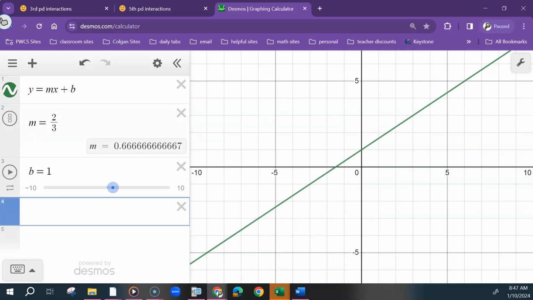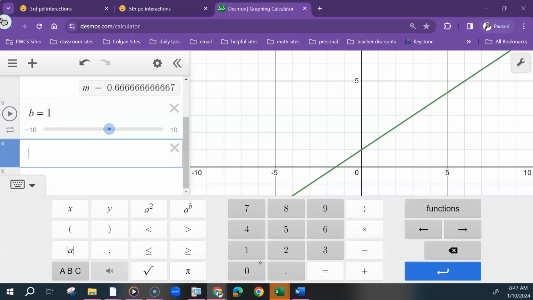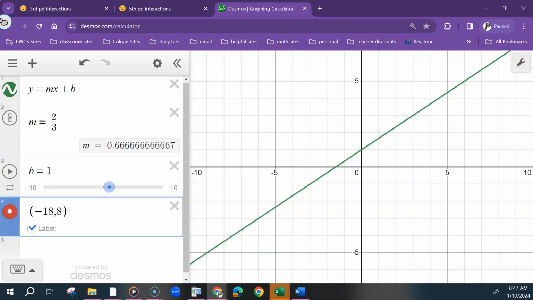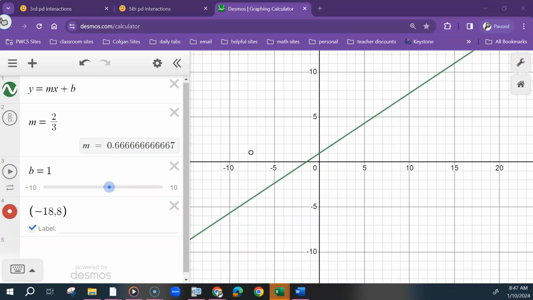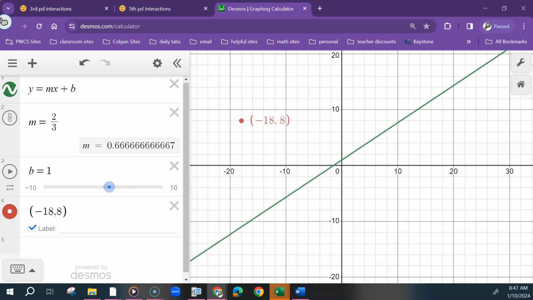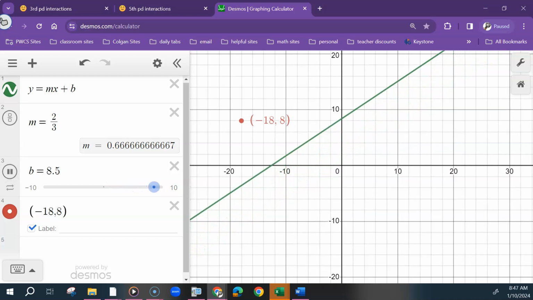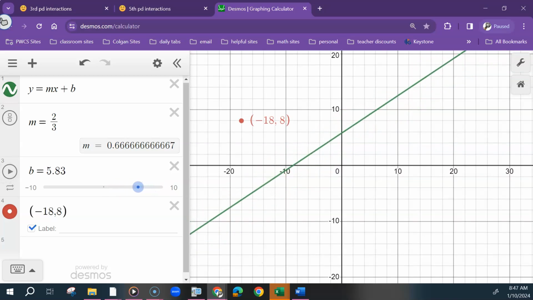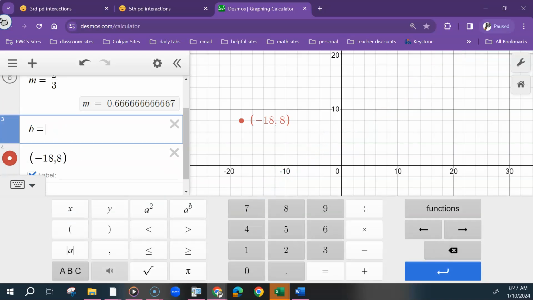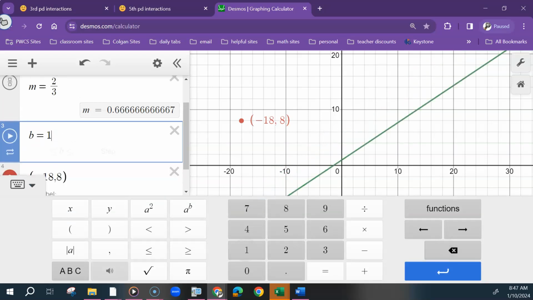We can put in the ordered pair, negative 18, 8. And have to zoom out a little bit. If I just hit play on this, it's not going to ever touch it because this only goes up to 10.